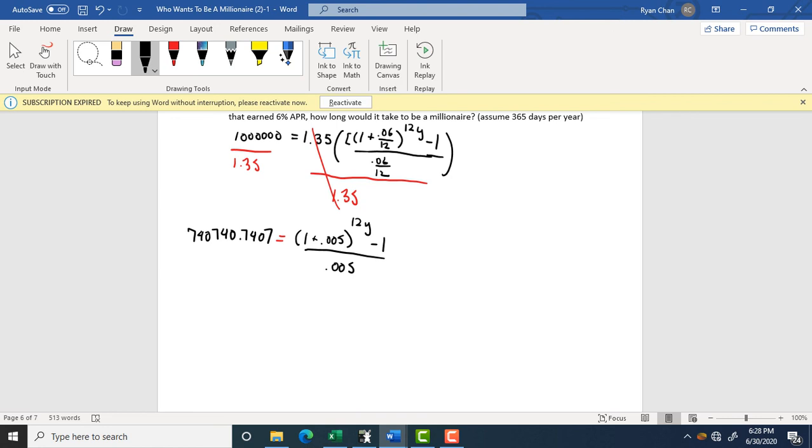I want to get rid of this here. So what I'm going to do next is multiply both sides by 0.005.